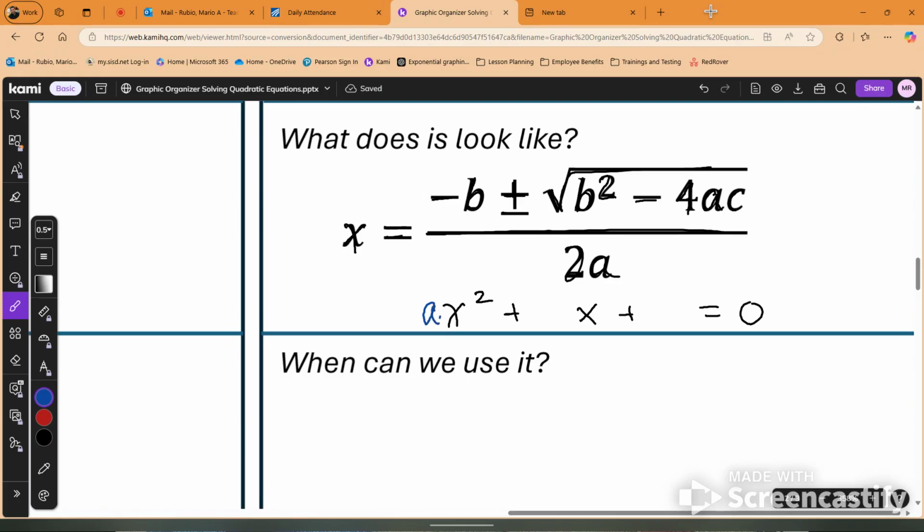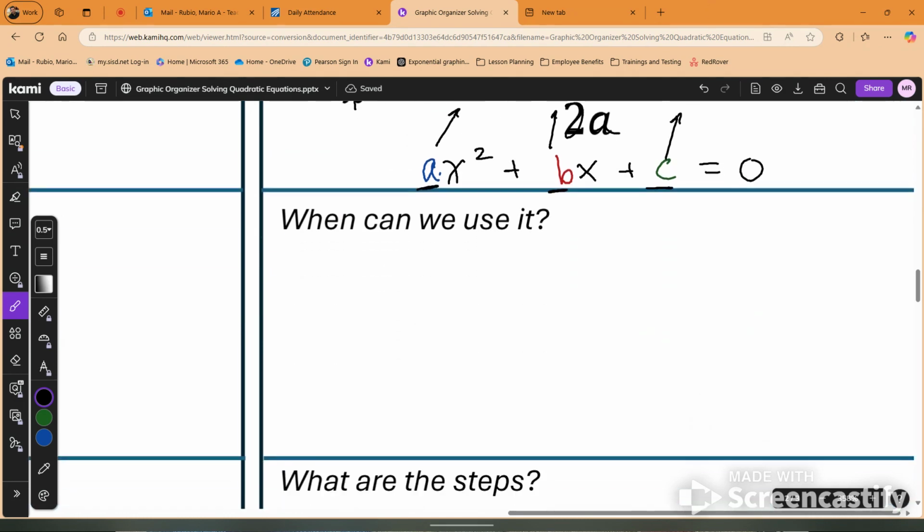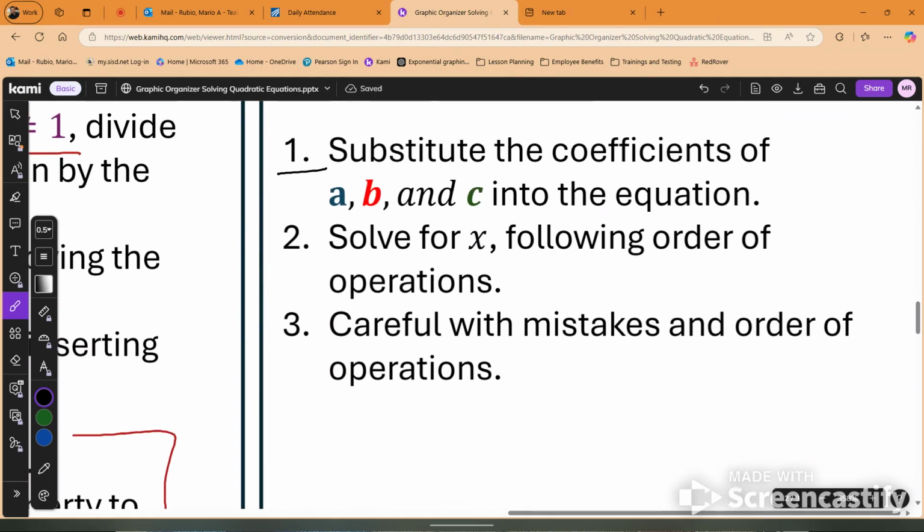Whatever the coefficient in front of x squared, whatever the coefficient in front of x, and whatever the c value is, these are the letters that we substitute into the equation. You see a b, you see a b, you see an a and a c. Those are coming from whatever these numbers are. So the first step is you substitute the coefficients of a, b, and c into the equation.